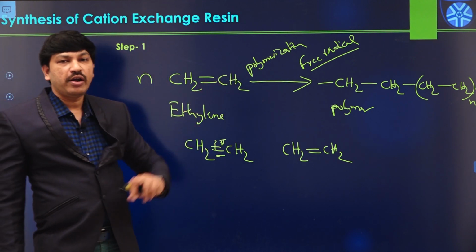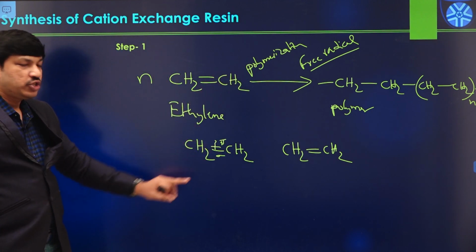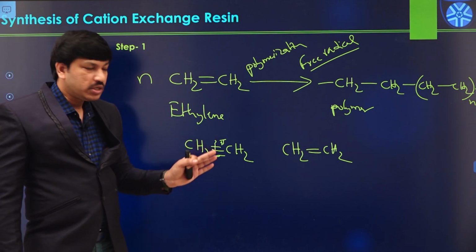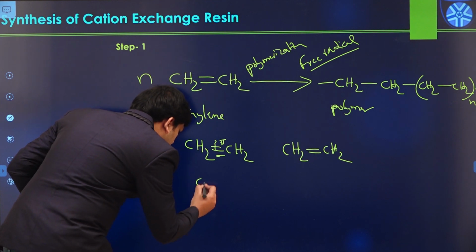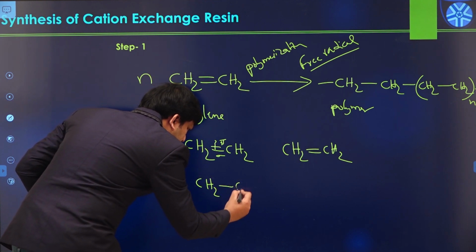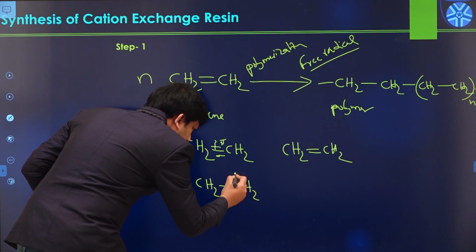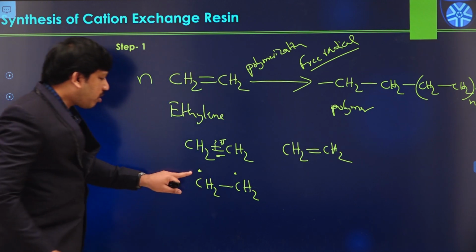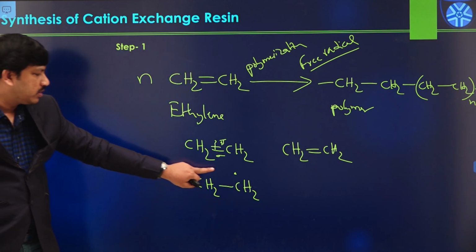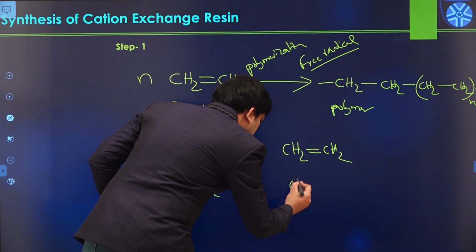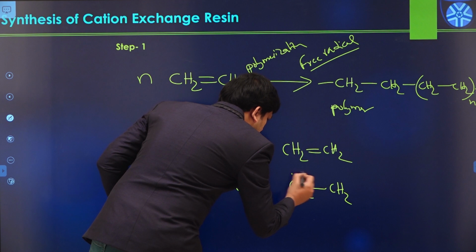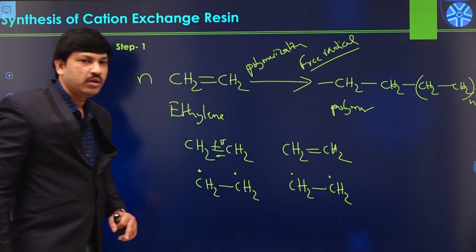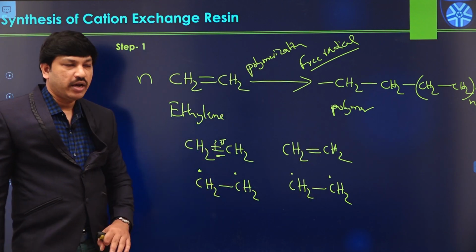So in the presence of free radical agent, one of the pi bonds undergoes cleavage, that is homolytic cleavage, that produces radicals like this. So here the dot indicates a single electron. So in the second case also, there is a formation of corresponding radicals like this. So initially there is a formation of radicals like this.